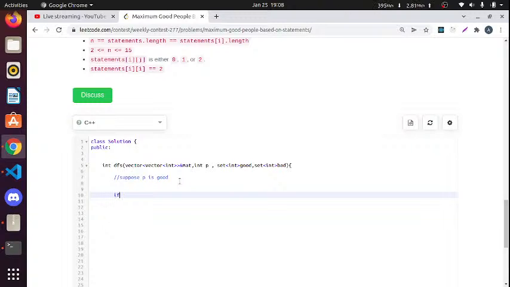So if bad.find(P) is not equal to bad.end(), suppose this thing is found, that this person is bad, else.